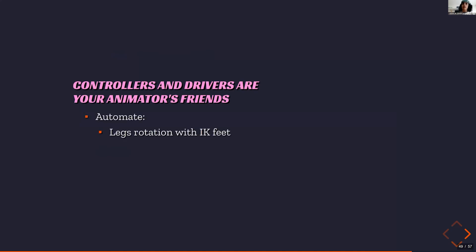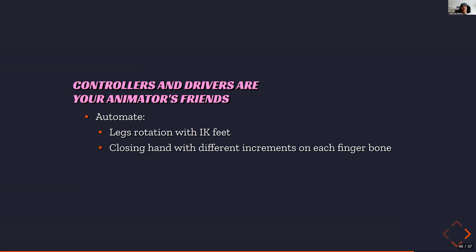Controllers or drivers are your animator's friends. It automates leg rotation with IK feet, closing a hand with different increments on each finger. So you can just say, I'm rotating this one, or a controller on top of this finger, and I want each individual bone to be rotating at different increments.